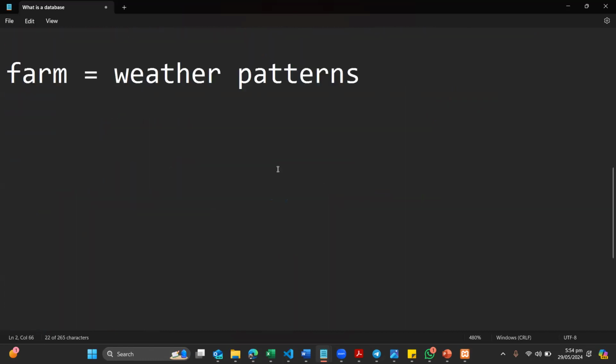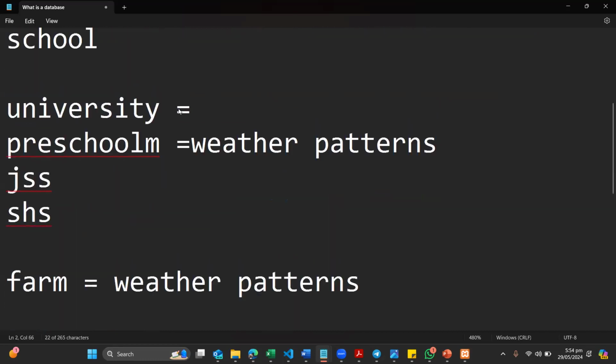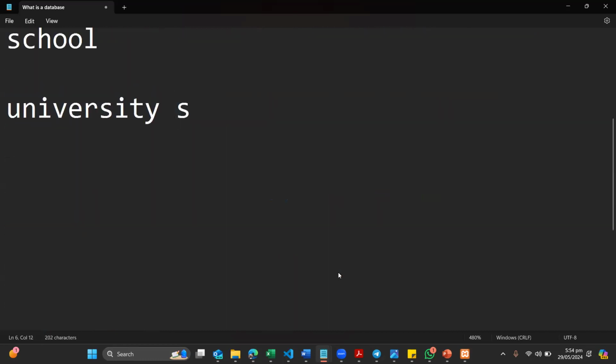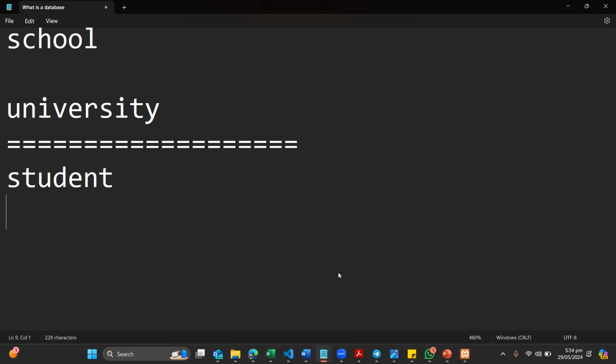Now, let's do some kind of pattern recognition here. If I take just the university, let's see what I can do with this. I can say the following. Number one, students will come to my university. The students would have to take a particular course. The course would be taught by a particular lecturer.